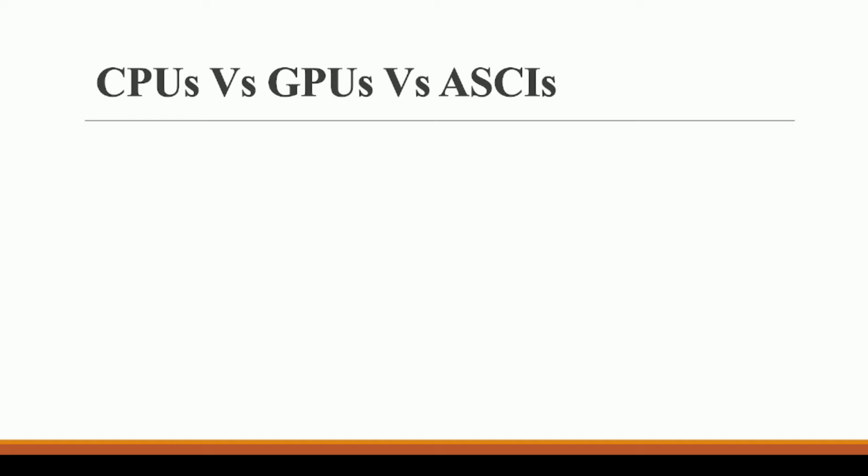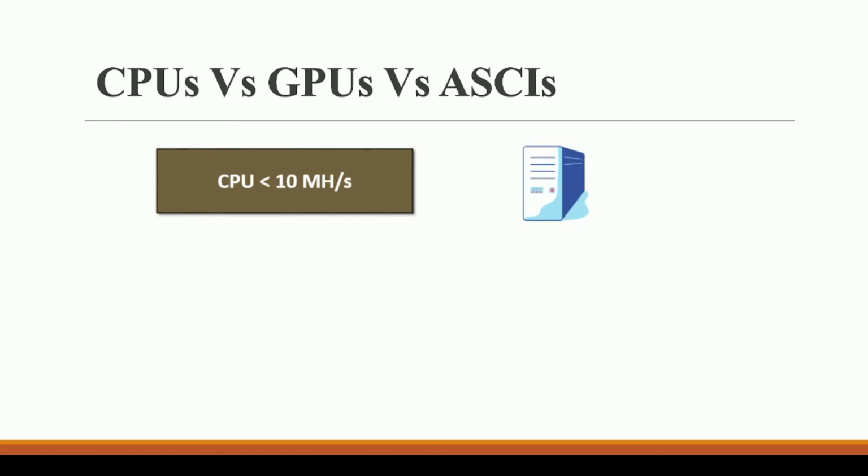Now, why am I telling you all this? Because these different technologies have different mining rates. If we talk about CPUs, the normal CPUs that we use in our day-to-day life, in our laptops and systems, a CPU is able to generate 10 mega hashes per second. 10 mega hashes might sound very high, but it is not that high.